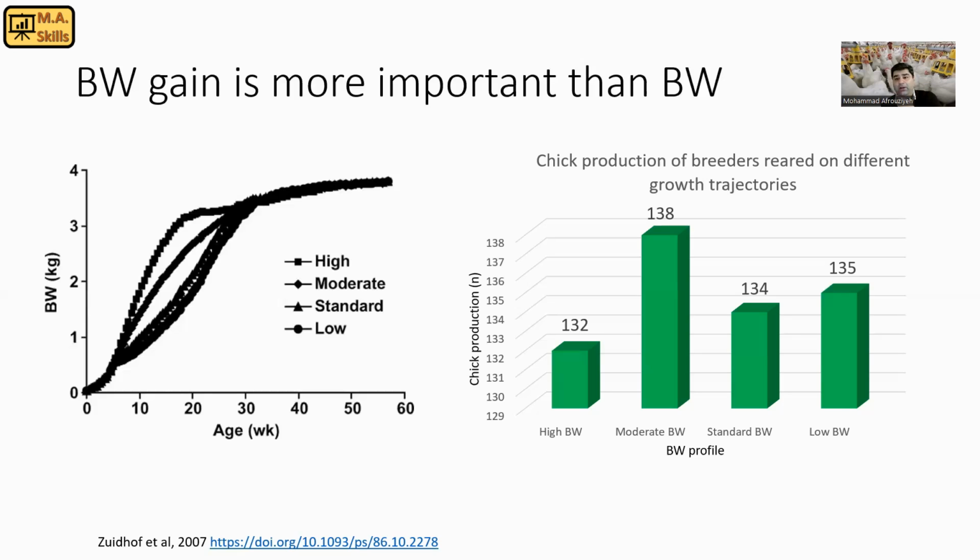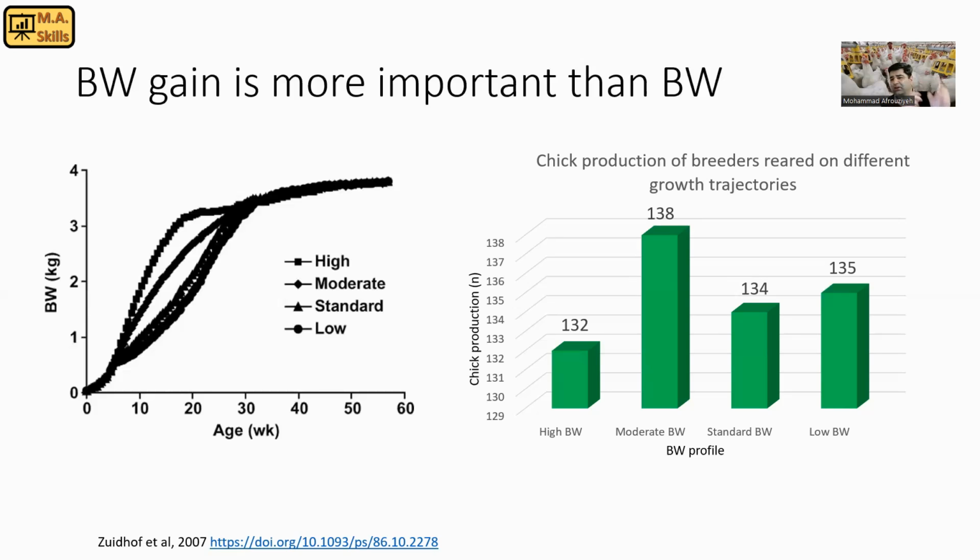Say, okay, what's the profit of, let's say, having 4 more chicks? I'm comparing 138 chicks to 134 chicks, moderate body weight to standard body weight, right? What's the price of 4 more chicks? And what's the cost of eating more feed to reach that higher body weight?